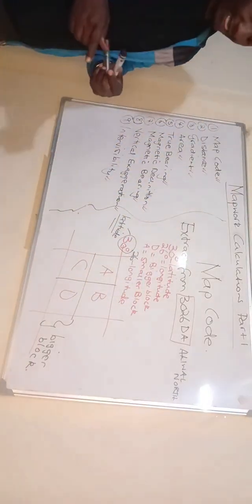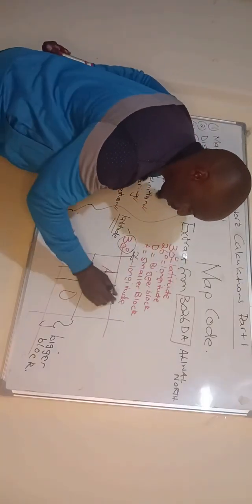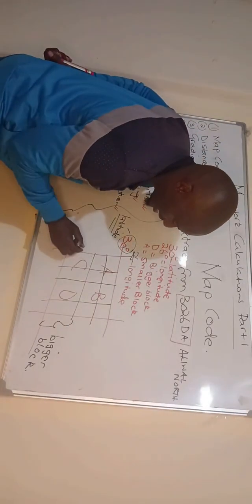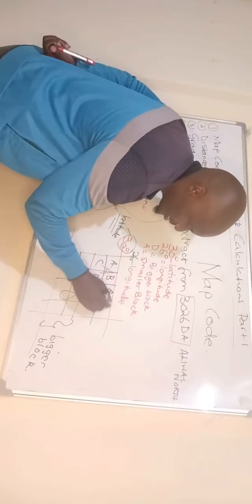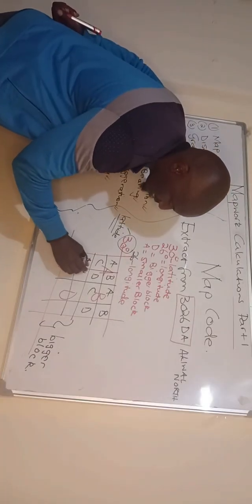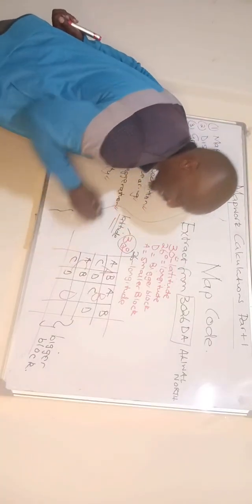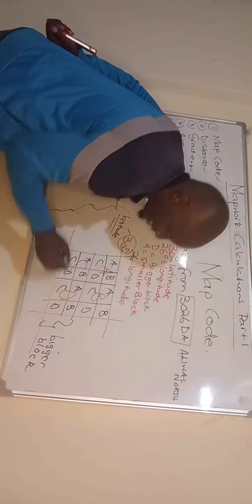After this, they further divide each bigger block into 4 smaller blocks, which means we are going to end up with something like this. In A, we have got 4 smaller blocks: A, B, C, and D. In B, we have A, B, C, and D. In C, we have A, B, C, and D. In D, we have A, B, C, and D.